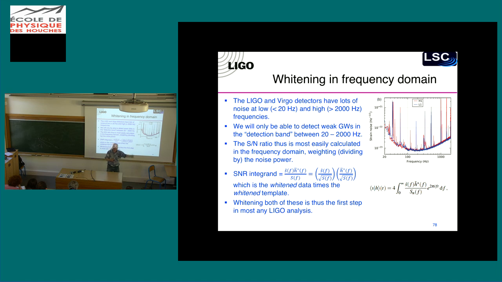You'll get different template banks for each of the 3 detectors. And what we find, and it should be easy to see, is that the more colored the noise is, the fewer templates you need in the template bank, and the more white the noise is, the more templates you'll have in the template bank.